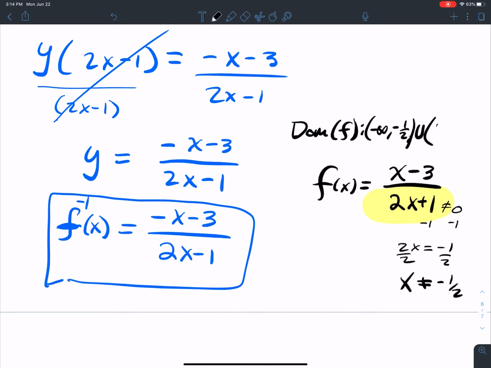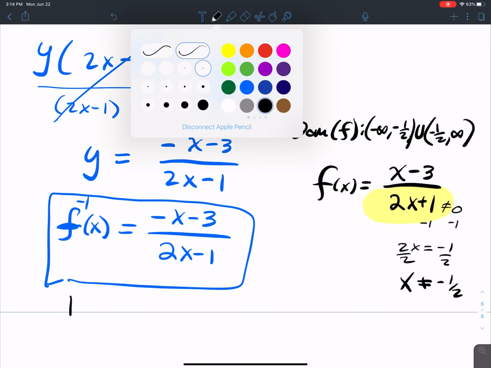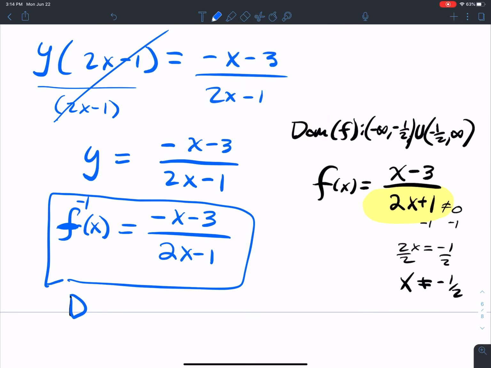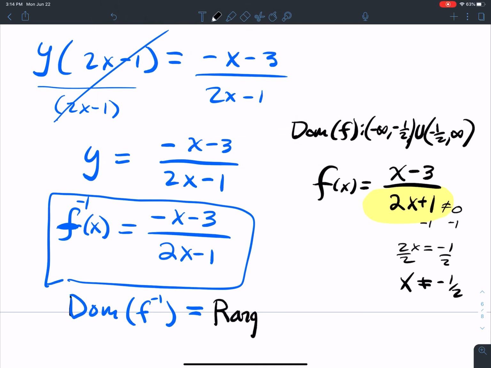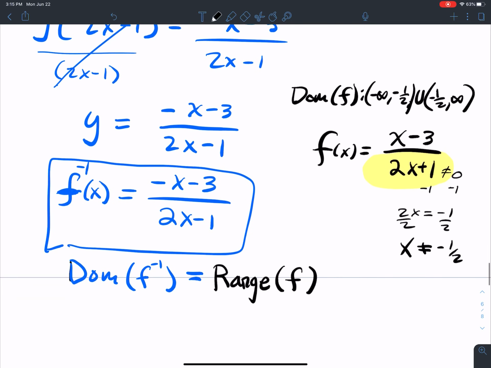Now, if I wanted the range of this function, all I need to do is look at the domain of the inverse function, because the domain of the inverse function is equal to the range of the original function, right? Remember that key idea? Those two things are equal. So how do I get the domain of the inverse function here?